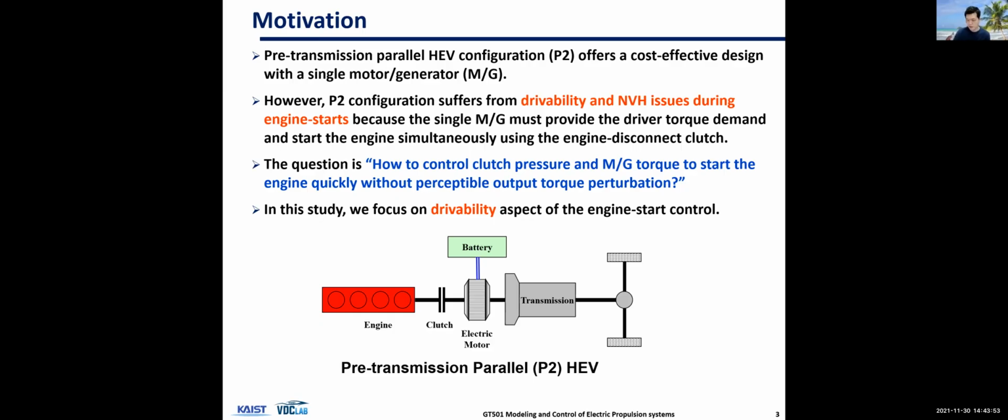Usually there is a small engine starter motor, and then you have a separate generator for generating electricity, okay? But because P2 has this challenge of how to start the engine, in theory, you could start the engine using this clutch, right?